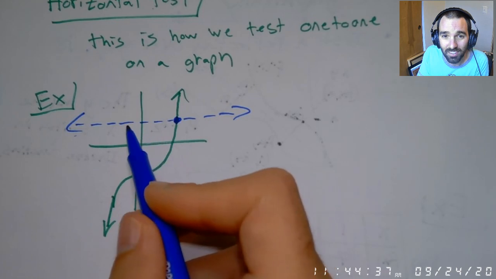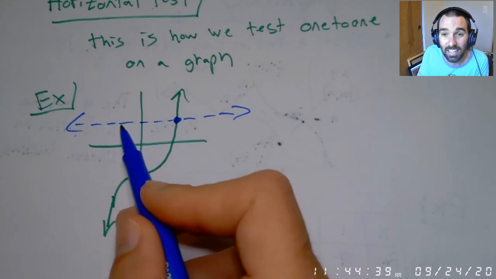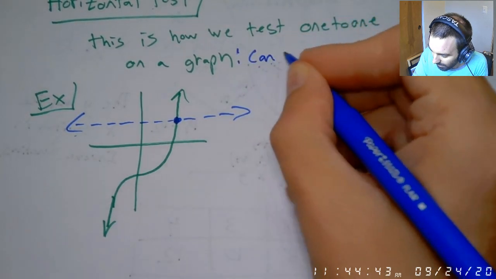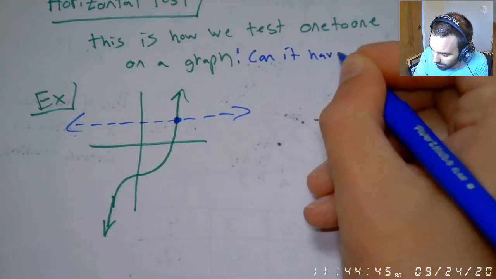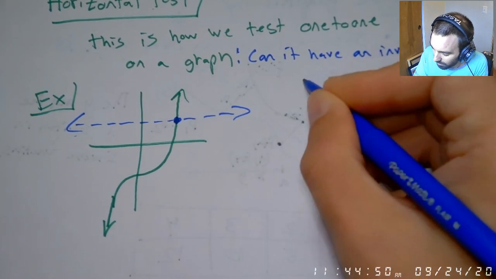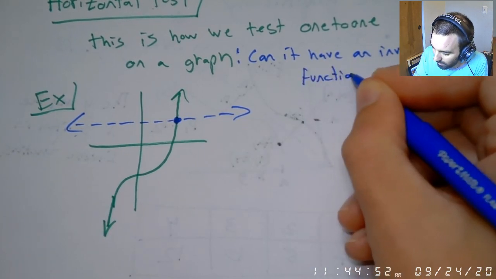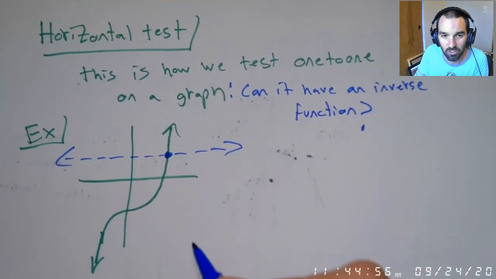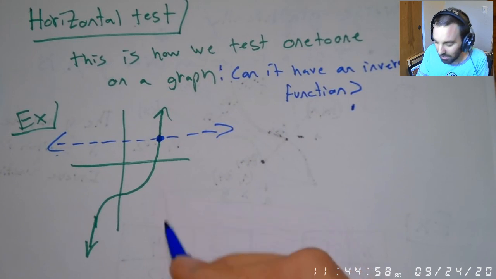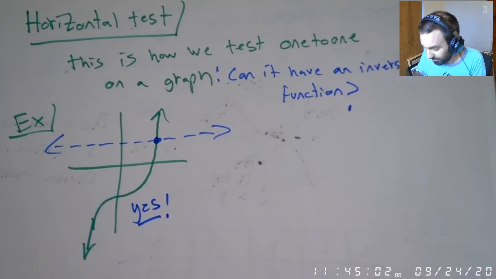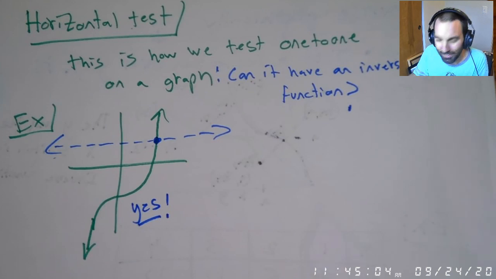The horizontal test tests to see can it have an inverse function? That's the question. So here, can this have an inverse function? Yes. Okay. Cool. That was really boring, right?